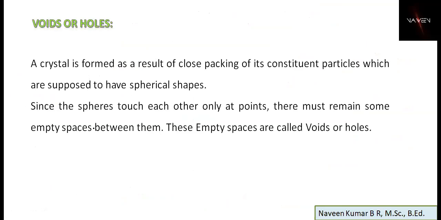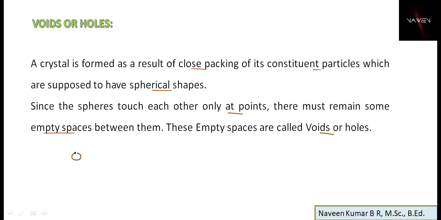Now if we observe the detailed information of voids, a crystal is formed as a result of close packing of its constituent particles, which are supposed to have spherical shapes. Since the spheres touch each other only at points, there must remain some empty spaces between them. These empty spaces are called voids or holes.